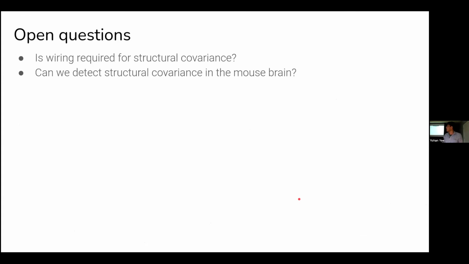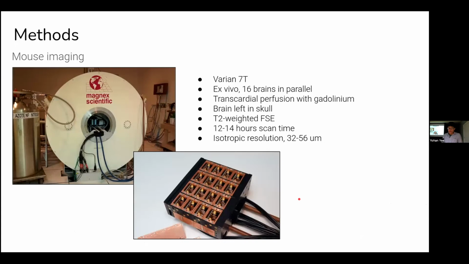So that brings up a question. Can we detect structural covariance in the mouse brain? The way we would do this is, well, first we need to get volumetric information. And to do that, we need to scan the mice. All the mice that I'm going to talk about in the first two studies that I'll mention were scanned in a Varian 7 Tesla magnet at the Mouse Imaging Center.